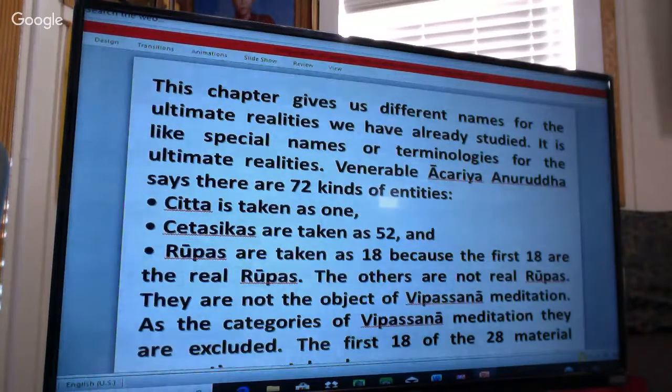Whatever we see or hear or smell or taste or touch or think, whatever, it is just knowing the object. This is the characteristic of mind. But mind is not only one. Mind works together with the mental factors, Vedana, feeling, Sanya, perception, many working together.